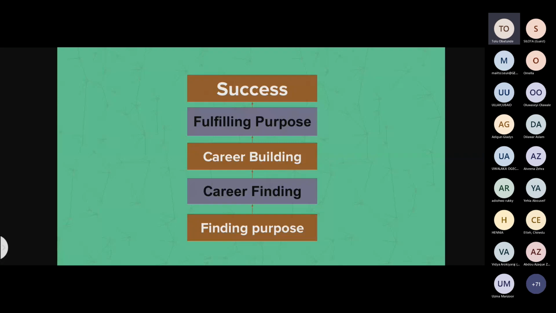So the purpose is to go to fish, but the career is fishing, right? And the tools for you to fish are the fishing rod and all of that. So the career is also an embodiment of other instruments, other tools. And those tools are what I'm going to be sharing with you in this Venn diagram.